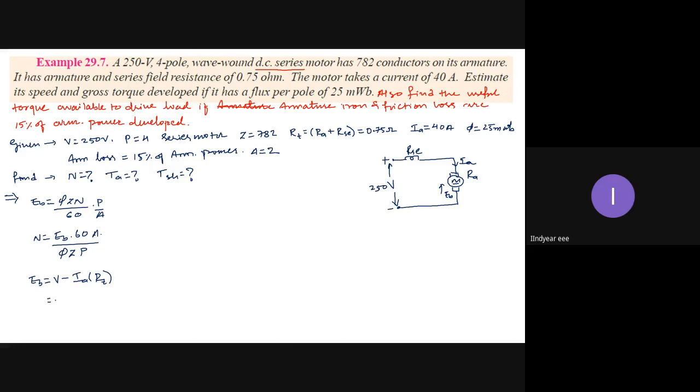So I can write this as 250 minus IA is 40 amperes multiplied by RT is 0.75. So this comes out to be 240 volts, right?